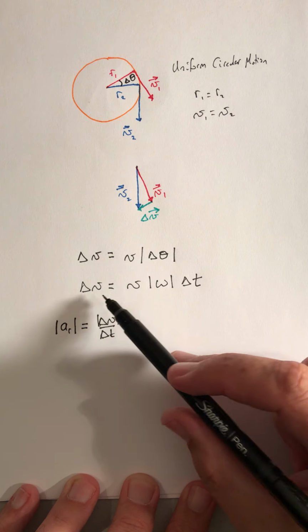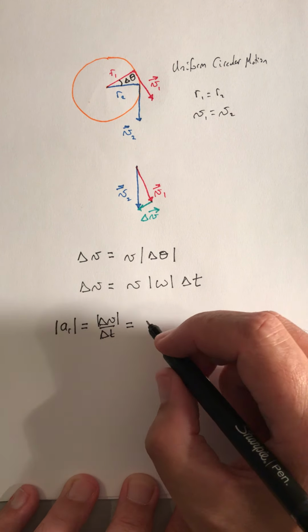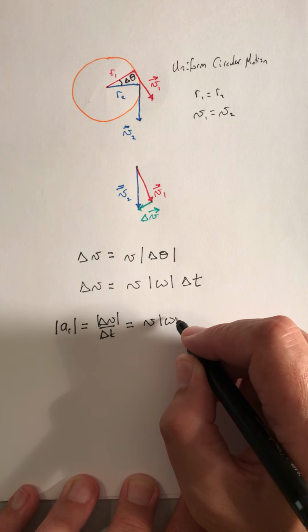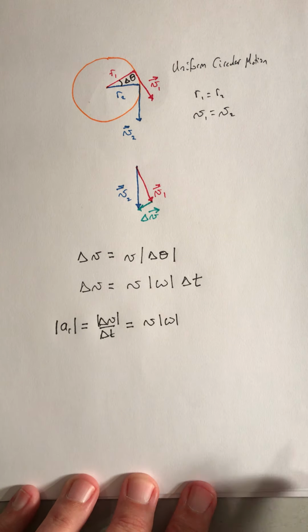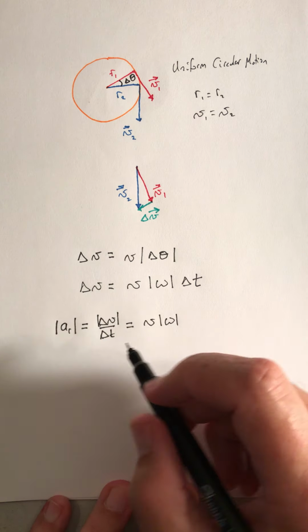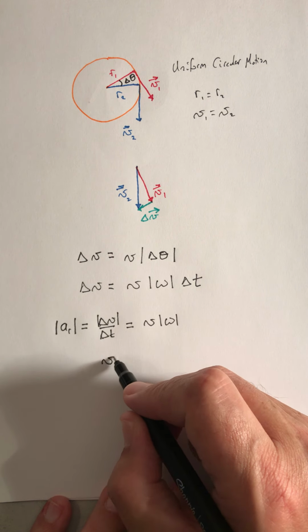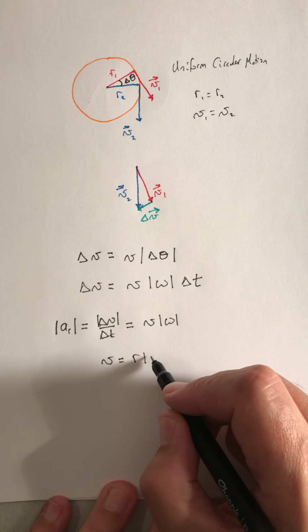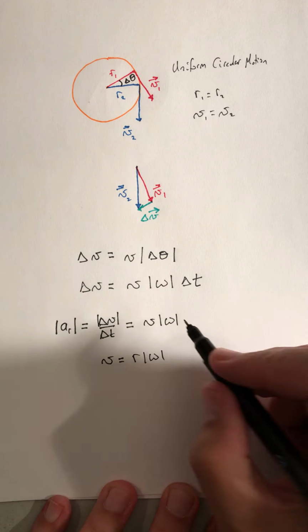Delta v over delta t is going to give me the speed times the angular speed, and then I can rewrite that in a couple ways because the linear speed is going to be r omega.